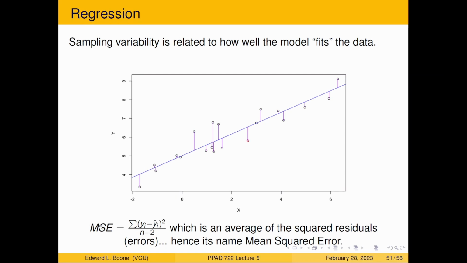Now this is going to be called the mean squared error because it's an average of these squared residuals, and the residuals are the errors. So mean squared error. And our sampling variability is related to this because if we miss the data a lot, then there's going to be more sampling variability than if it's really tight.